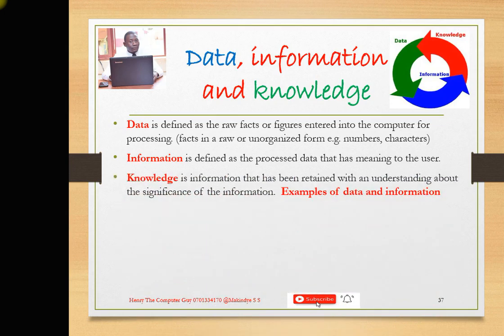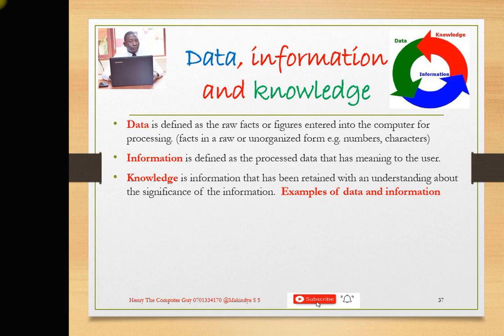Then knowledge is information that has been retained with an understanding about the significance of the information. Remember, information can be free, but knowledge can never be free. Knowledge can be information that has been processed in the mind of the user. It has been data in the beginning, changed to information, but if it doesn't make a meaning in someone's head, then we cannot call it knowledge.